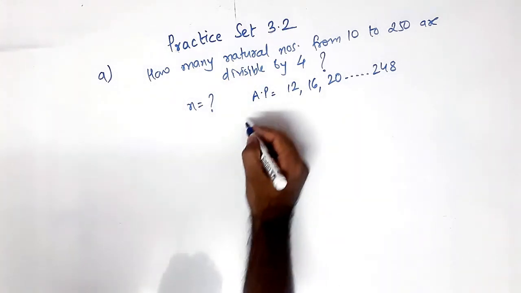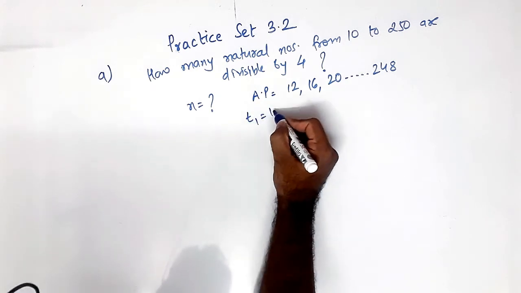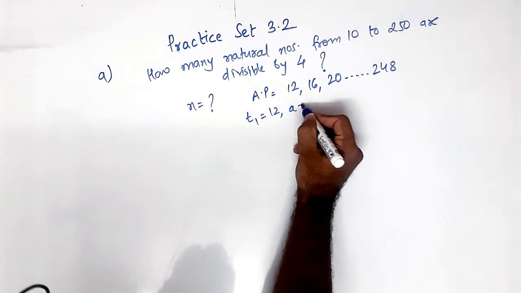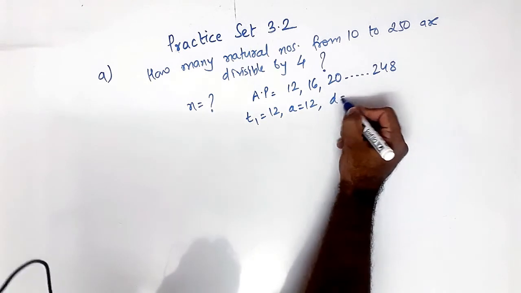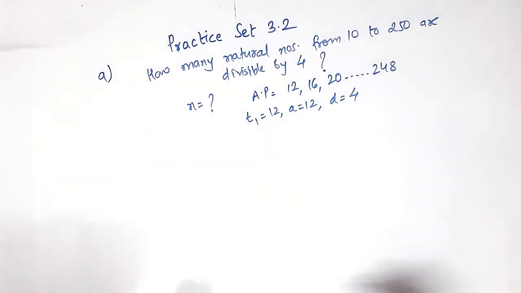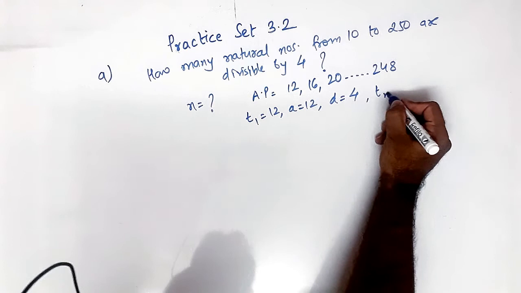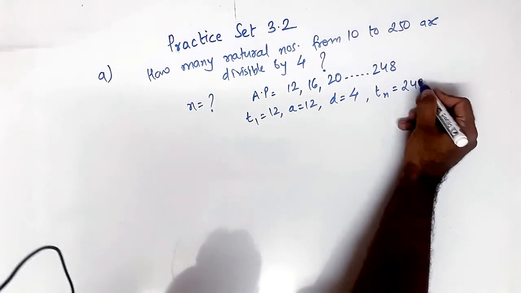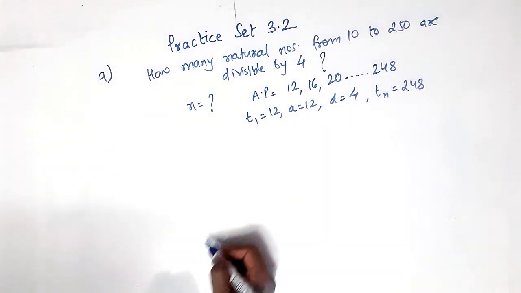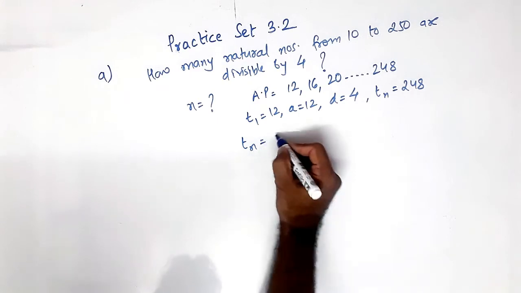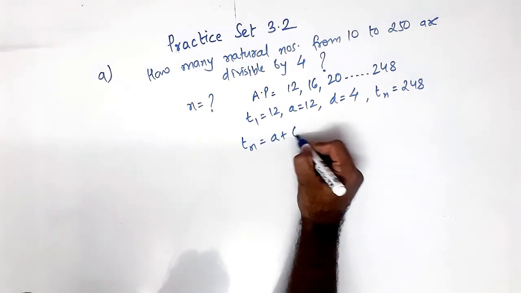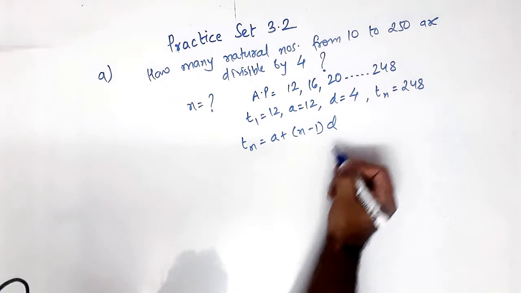Now here T1 is 12, that means a is 12. The difference is of course 4, and the nth term Tn is 248. So we'll straight away write Tn is equal to a plus n minus 1 into d.